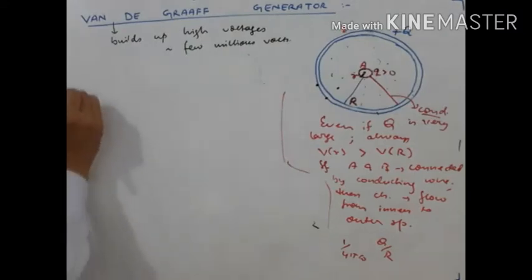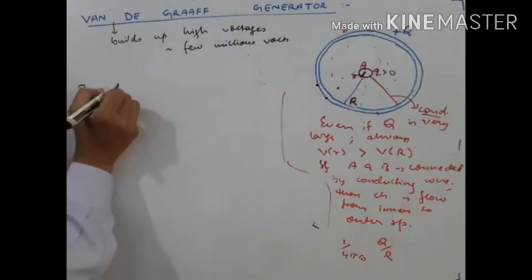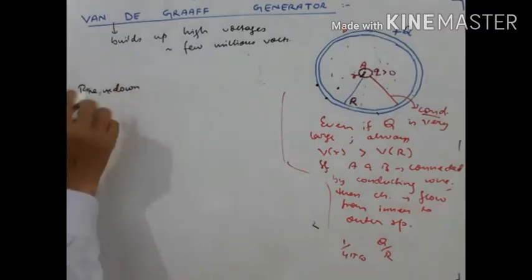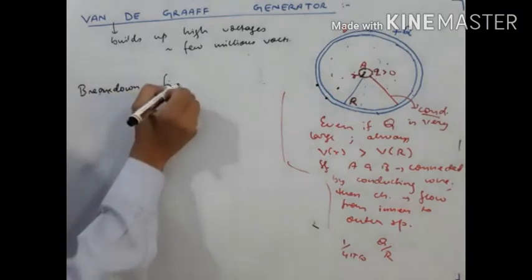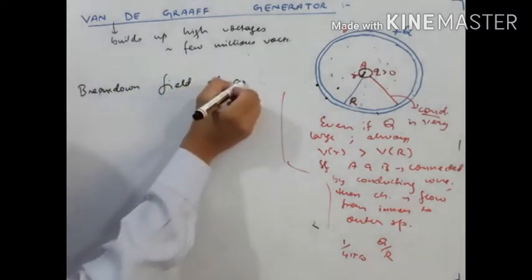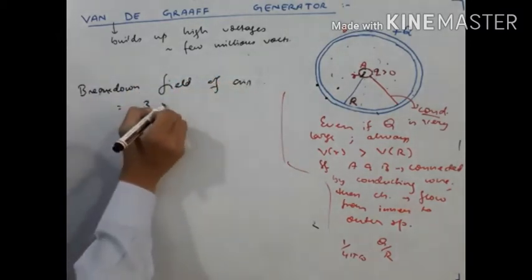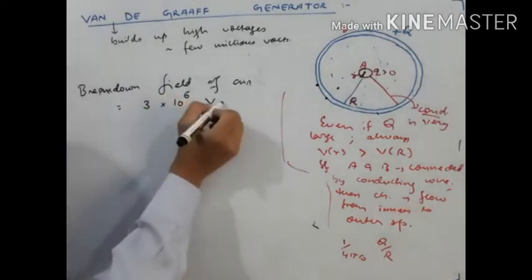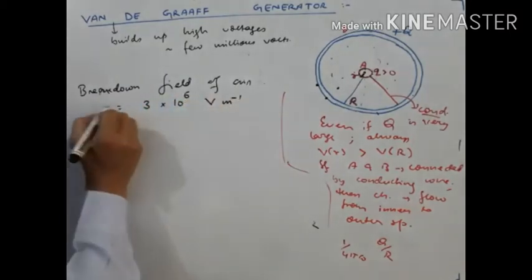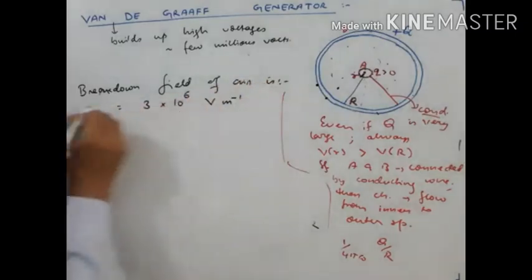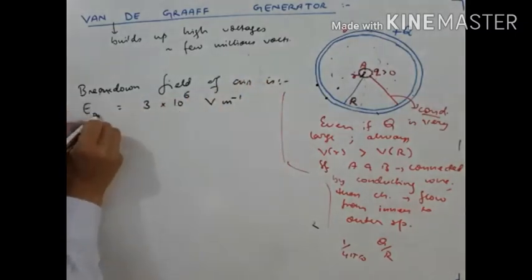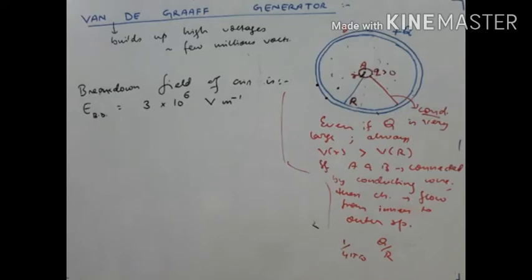The breakdown field of air is about 3 into 10 to the power 6 volts per meter. This is the value of electric field, E breakdown, I am writing BD for breakdown. For air it is approximately 3 into 10 to the power 6 volts per meter.